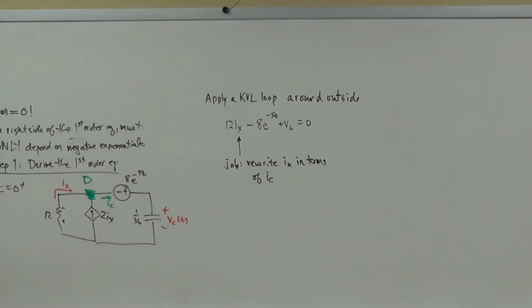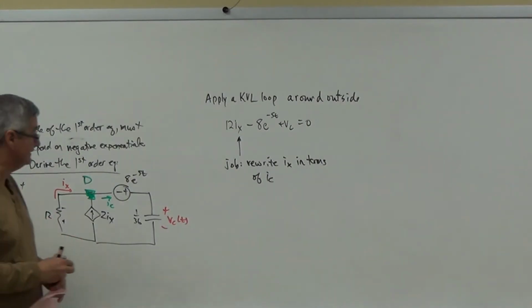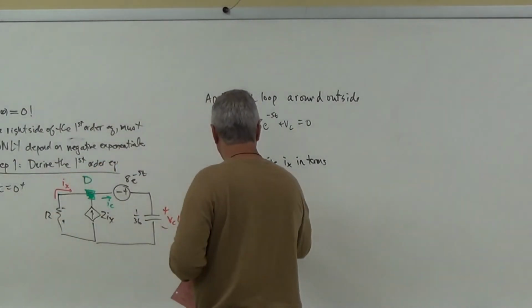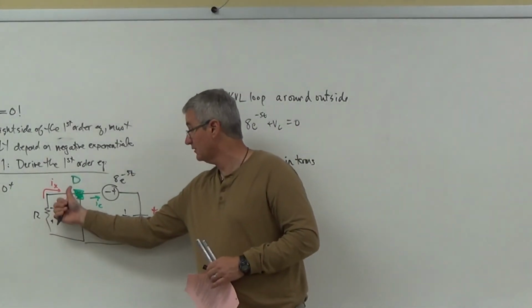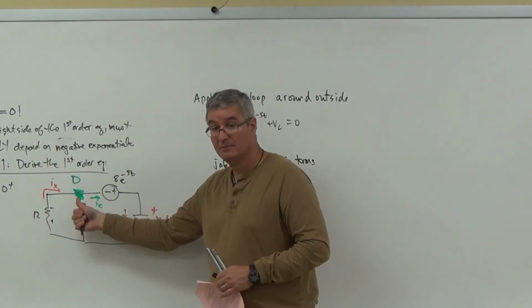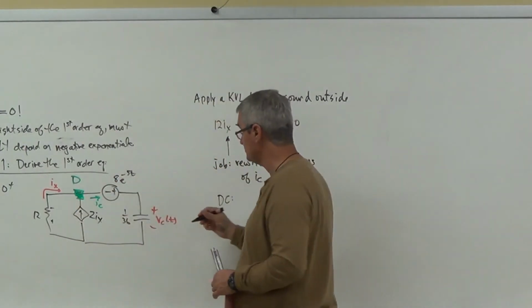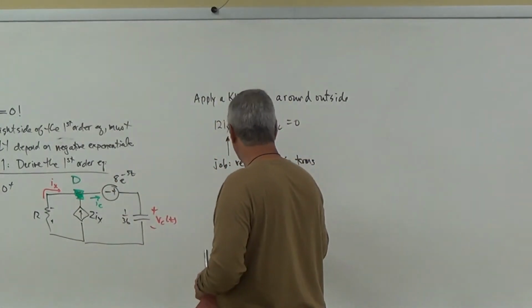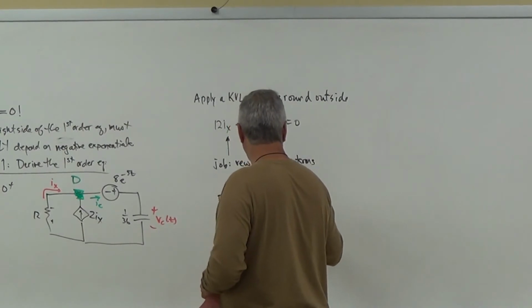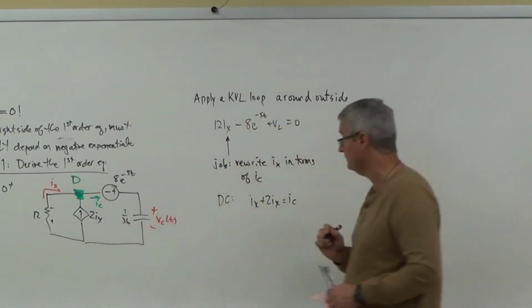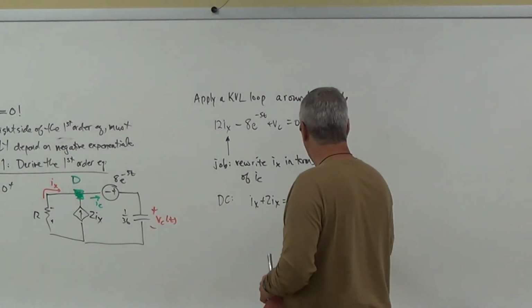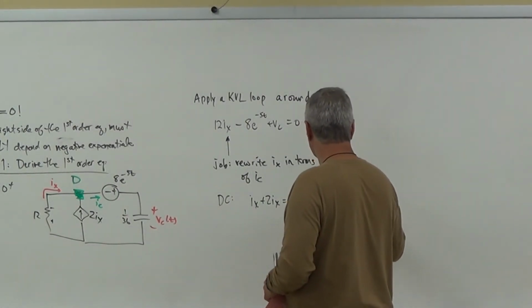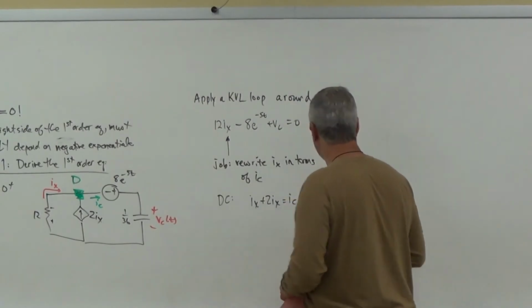So now I apply my dependent condition. I get this current coming in, this current coming in, that current coming out. So the current in will be IX plus 2IX equals IC. So now I replace this guy, and I see that IX is equal to 1/3 IC.